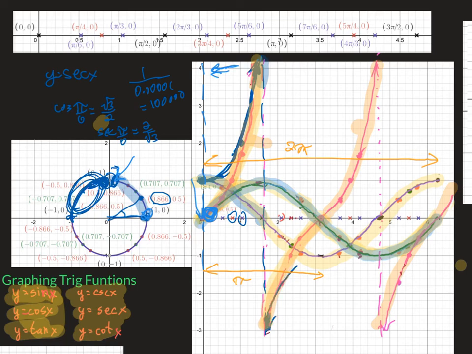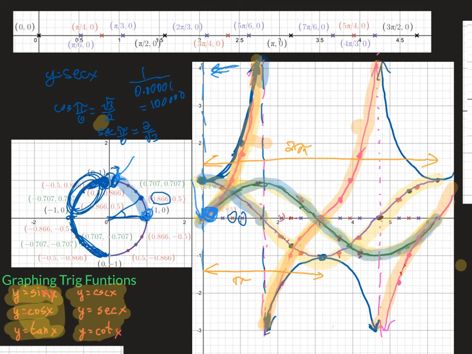It's going to go all the way until it hits negative 1. But then cosine will start getting smaller because it's getting closer to the y-axis, still negative. Secant will get larger, still negative. And as you can see, it's very similar to what we just did with cosecant, except now it is with secant.